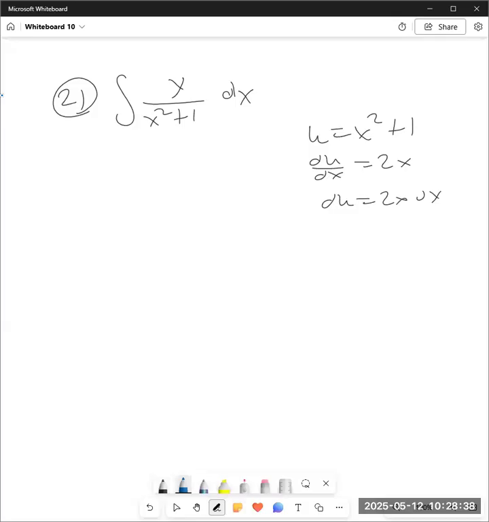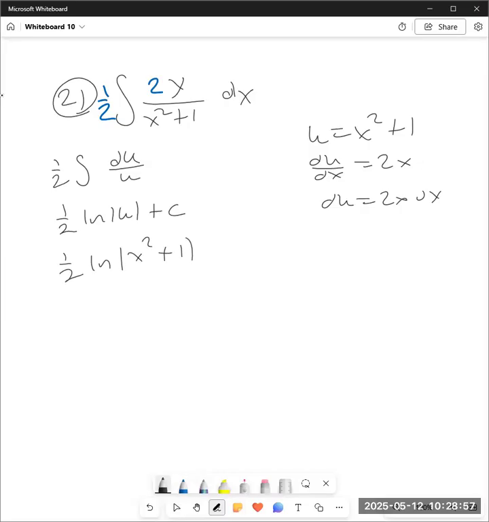Gives me 2 as my multiplier, 1/2 is my multiplier on the outside. 1/2 the integral of du over u is 1/2 ln of the absolute value of u plus c. 1/2 ln of the absolute value of x squared plus 1 plus c.